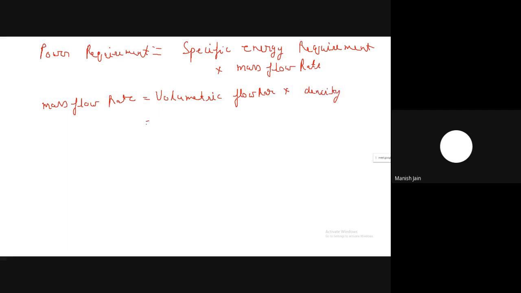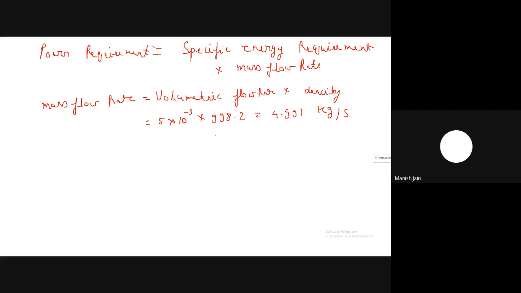So volumetric flow rate is 5 multiplied by 10 to the power minus 3 meter cube per second, multiplied by density 998.2 kg per meter cube. Once you solve this, it will come 4.991 kg per second. This is the mass flow rate.